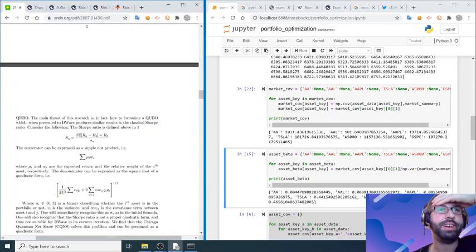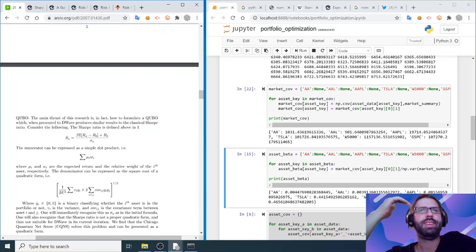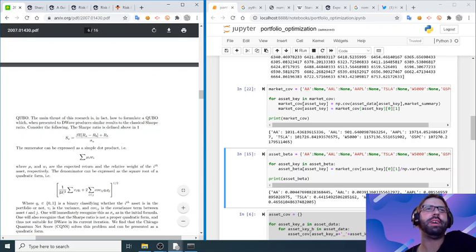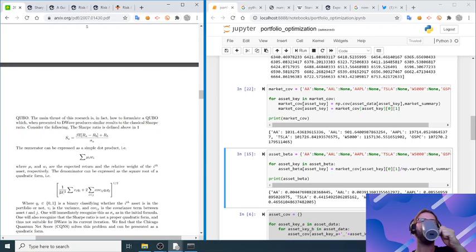Okay, so the sum of expected return times each relative weight. I feel I've been wasting the last hour or so. The denominator can be expressed as the square root of a quadratic form.